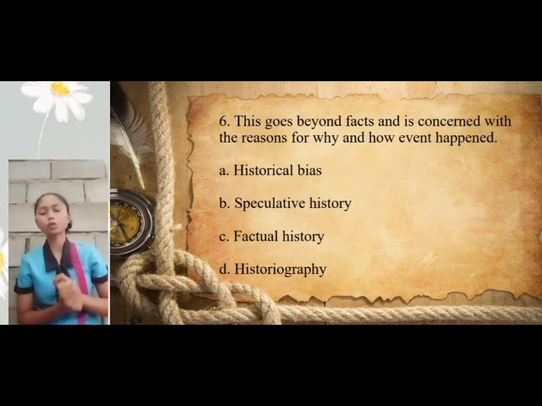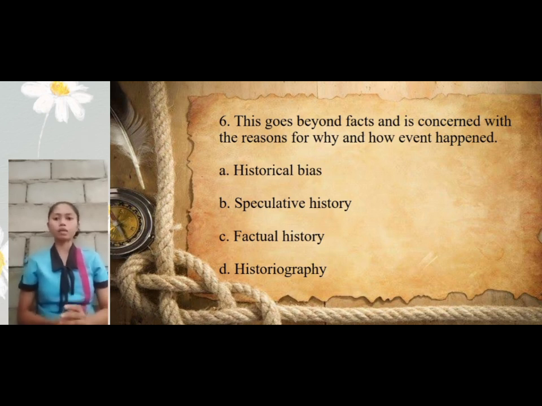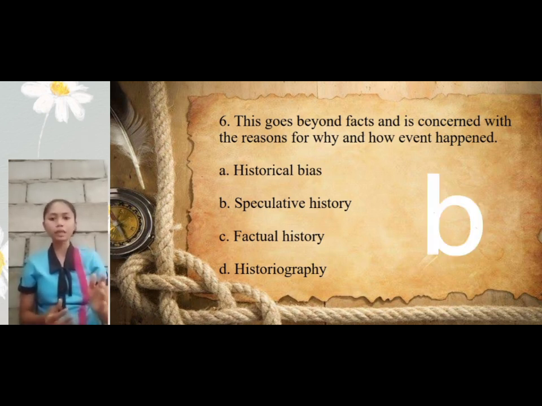And now let's proceed to number 6. This goes beyond facts and is concerned with the reasons for why and how events happen. So the answer is letter B, speculative history. When we talk about speculative or alternate history, it is a field of historical inquiry that uses counterfactual speculation of historical events to reflect upon our present society and the social construct of memory.